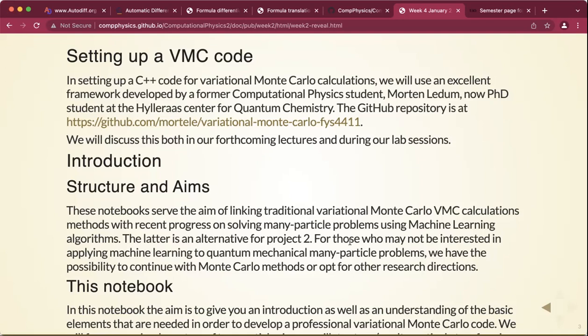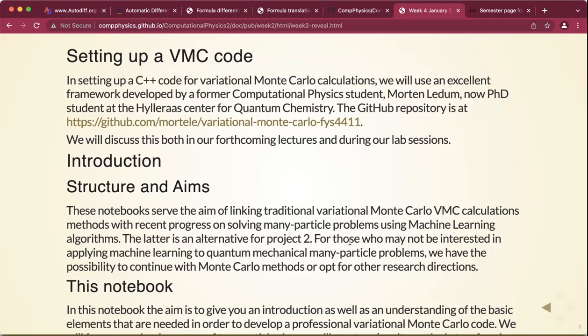In project number 2, we have a path where you're going to apply neural networks or deep learning methods to the same system. And that variant of project 2 is a variant where you will essentially need all the ingredients which you have used and developed in project number 1. And then you need to add on top of that the setup of a neural network. So that's one possible path.